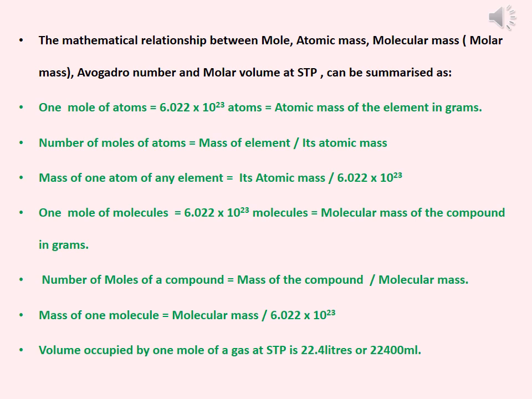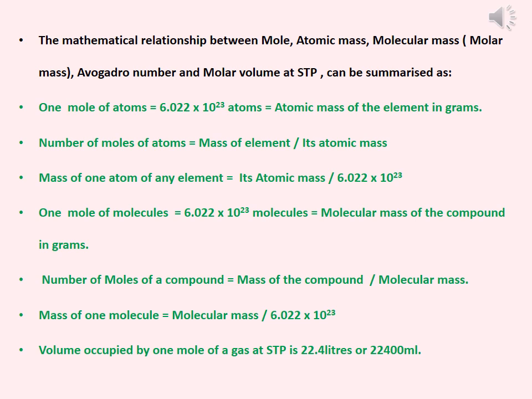For example, what is the mass of one molecule of water? We know that the molecular mass of H2O, water, is 18 grams. So 18 grams divided by 6.022 into 10 power 23. That would be the mass of one molecule of water. 18 divided by 6.022 into 10 power 23 grams.